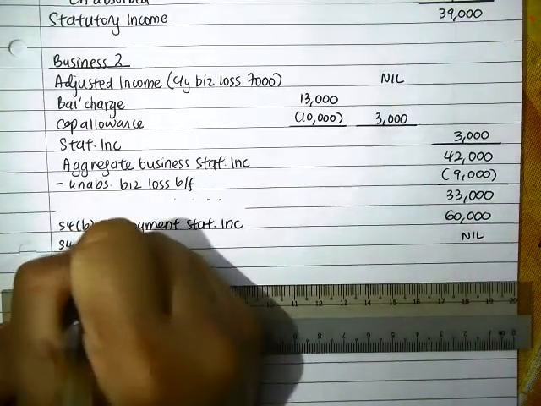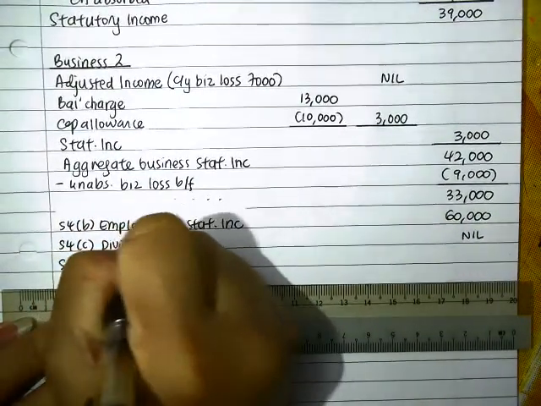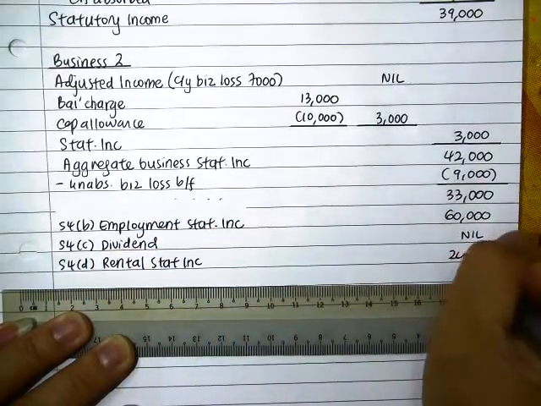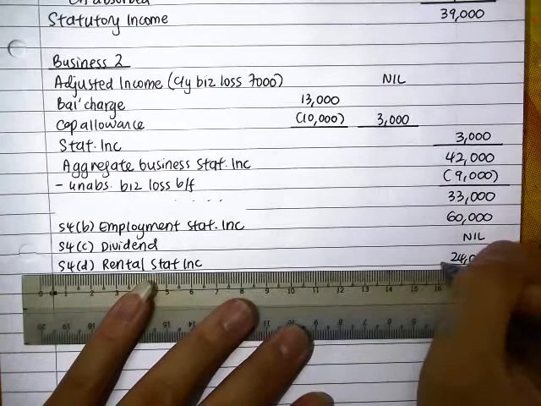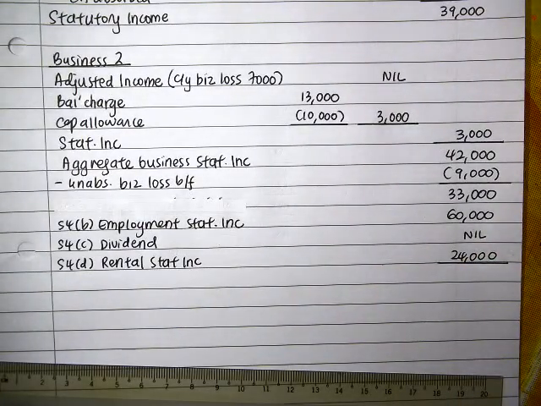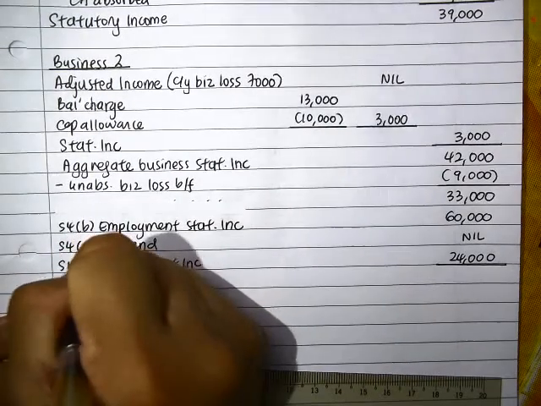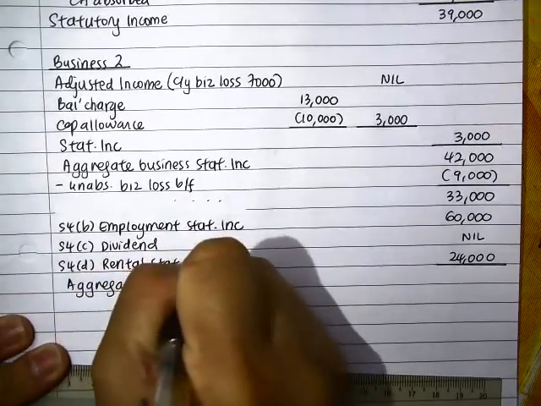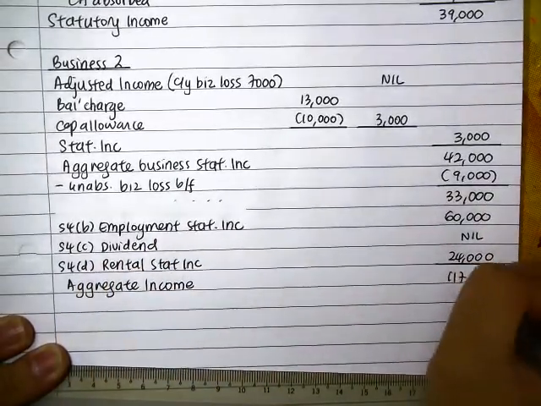Then we have 4D, rental. So the statutory income is 24. That's it, no other income. By the time you have all the income, you add all of them together and you call it aggregate, which is 117.